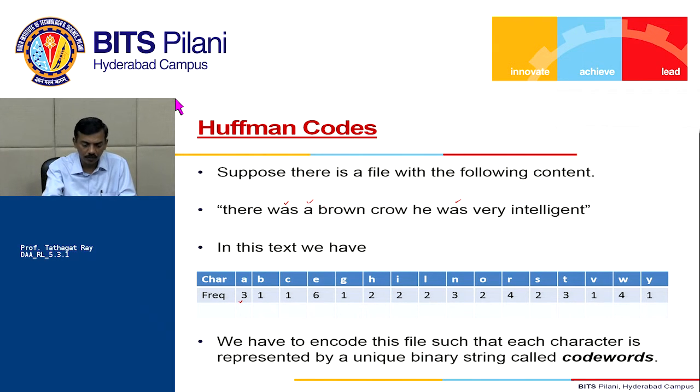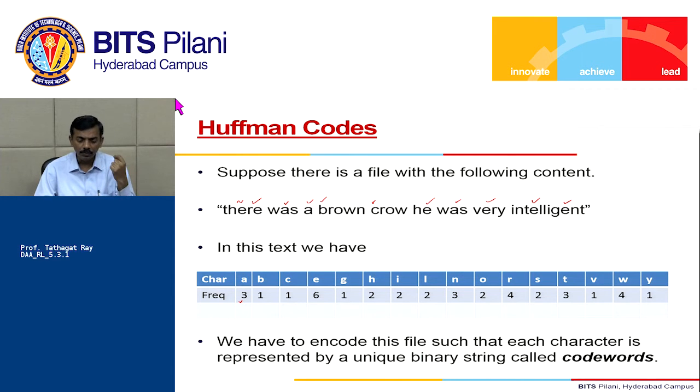Character B is coming only once, character C is only once, character E is 6 times, okay? So 1, 2, 3, 4, 5, 6. And so on. So you essentially look into how many times a particular character appears.